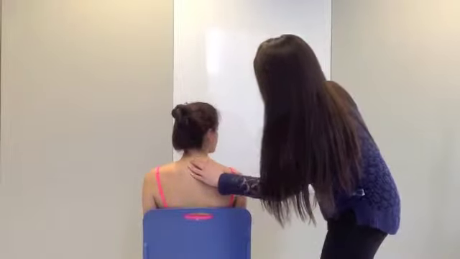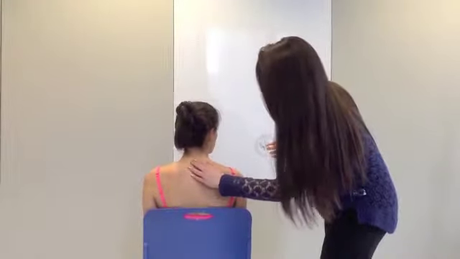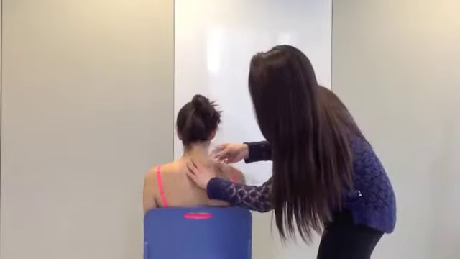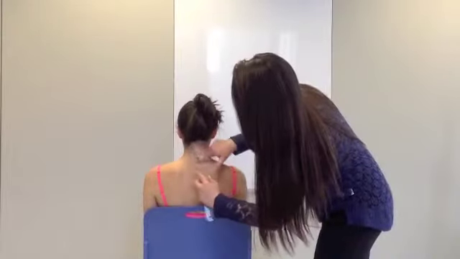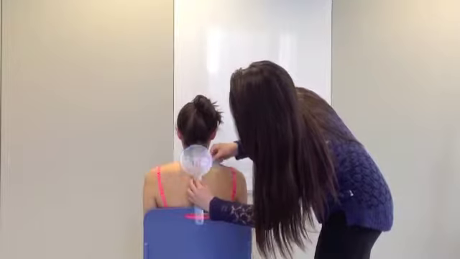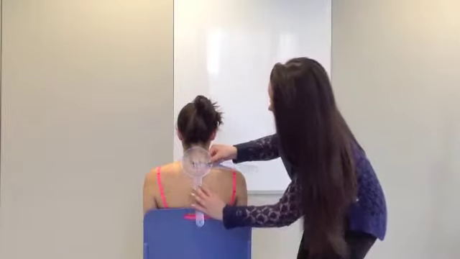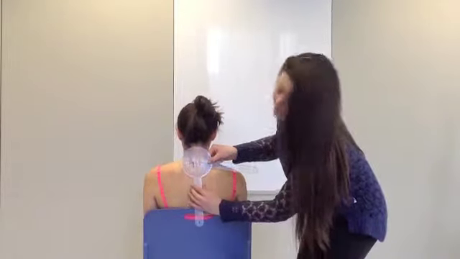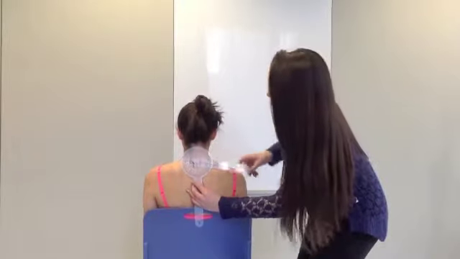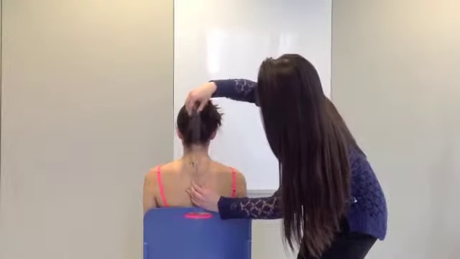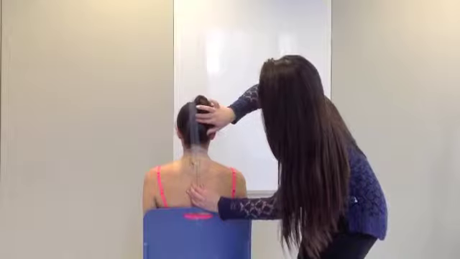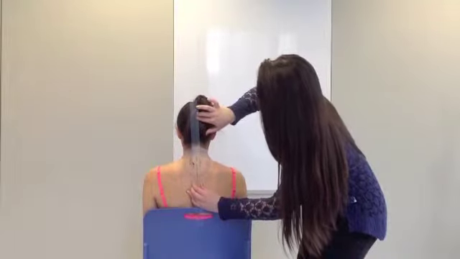It's called a goniometer. And that's what's going to measure your motion. I'm going to line it up back here. So the fulcrum's over C7. The stationary arm is over the spinous processes of the rest of her spine. And the movable arm is in line with her occipital protuberance.